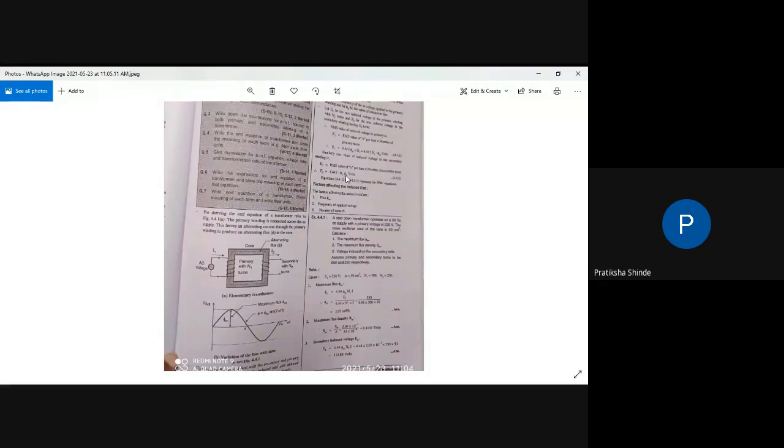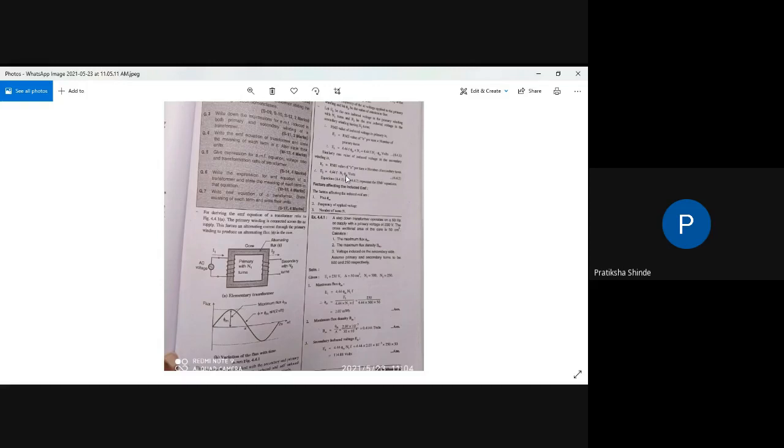If you differentiate phi m sine of 2 pi f t, taking phi m as a constant and differentiating the sine term, you get 2 pi f upon root 2.